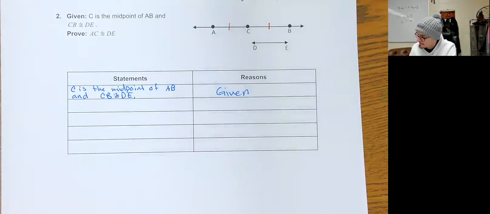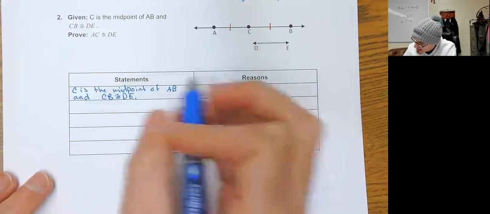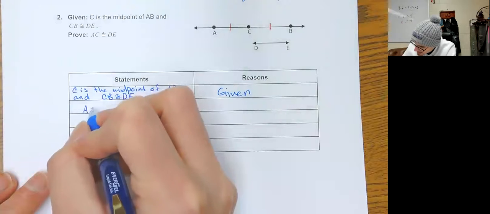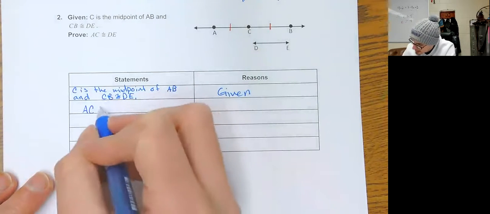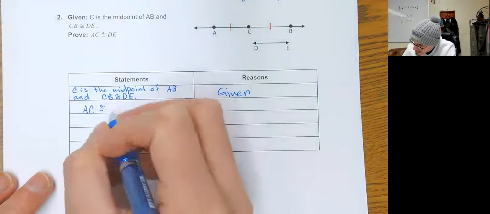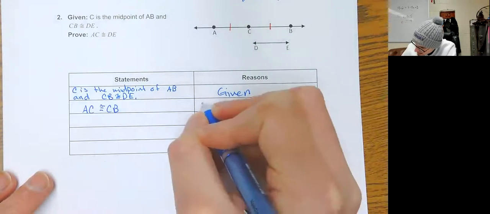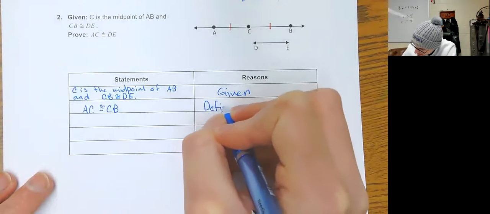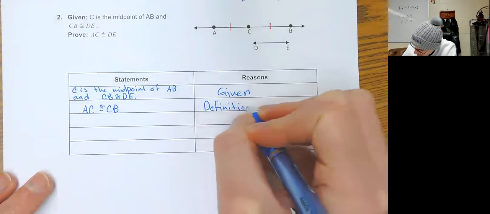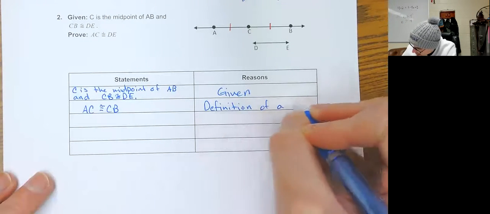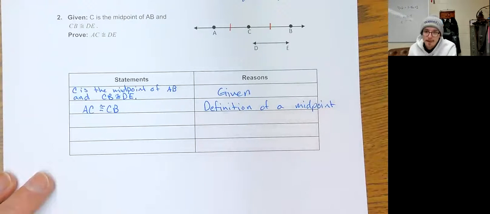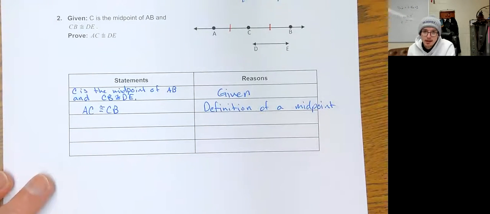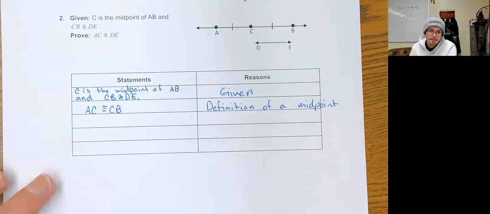So I can say AC is congruent to CB. Definition of a midpoint. All right, definition of a midpoint. AC is congruent to CB.